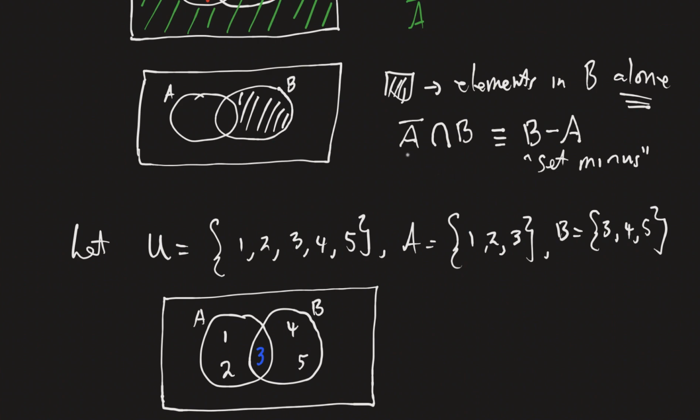So now you could look at it and say, well, to illustrate this slightly new operation, what is B minus A? The elements in B are 3, 4, 5. Of the 3, 4, 5, take away any element that's also in A. But that's only a 3, right? So then we're left with just 4 and 5.